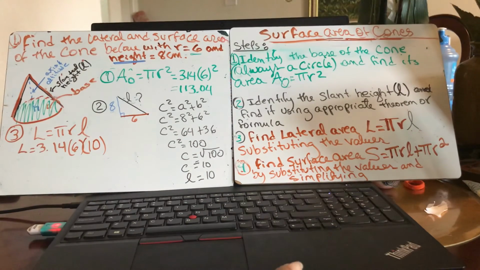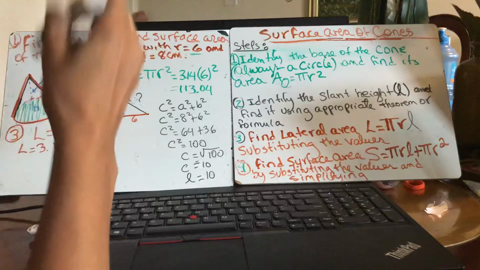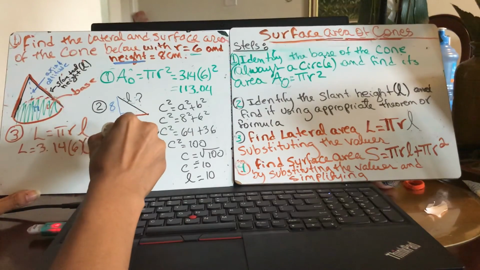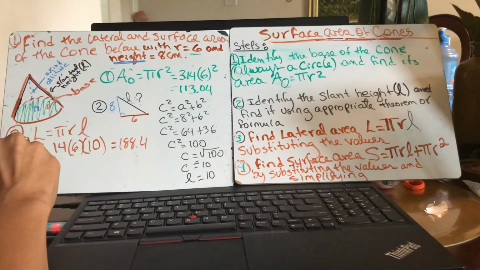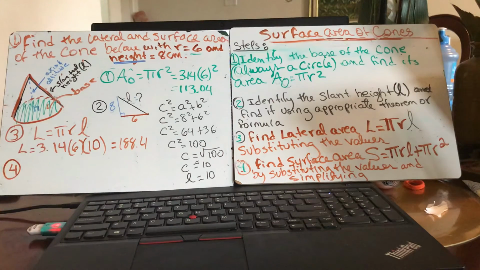If we put that in the calculator, 6 times 10 is 60, times pi. That is 188.4.